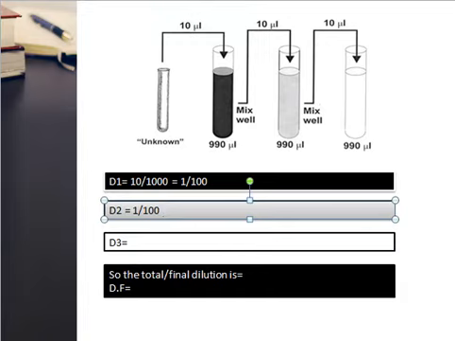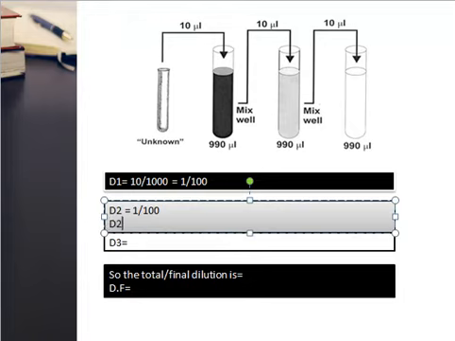So the dilution will be 1 over 100 multiplied by 1 over 100, which means 1 over 10,000, or 10 to the power minus 4.